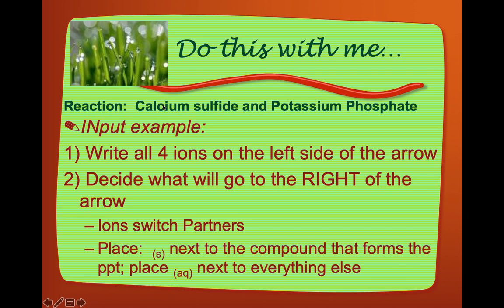So we said that calcium would be attracted to phosphate. We would look at that solubility chart and see where calcium and phosphate meet, and we would see that it says I for insoluble. Well, insoluble, remember, is a precipitate.